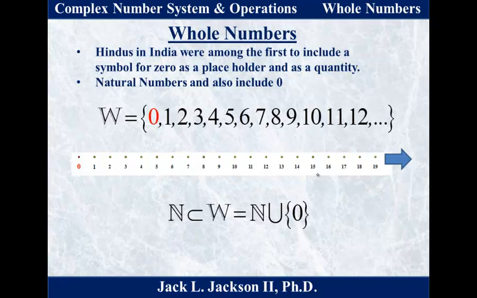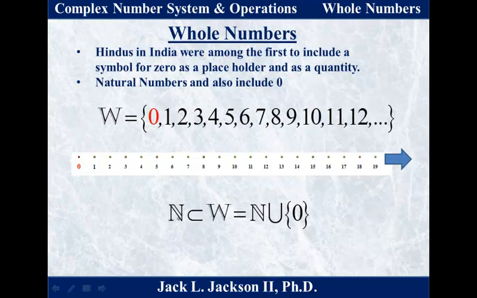But this 0, if we throw that in with the natural numbers, that makes the set of whole numbers. So we've got a little boldface W there. And so notice that the natural numbers are a subset of the whole numbers. We'll talk more about sets and unions and intersections and subsets in our second unit of this course, but we can illustrate this symbolically as saying the set of natural numbers is a subset of the set of whole numbers.